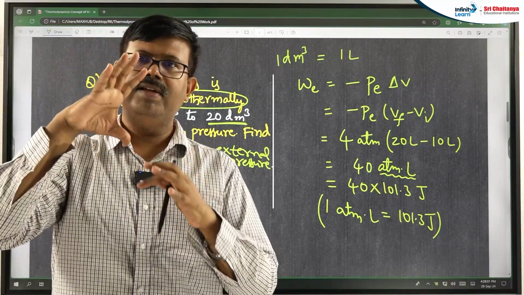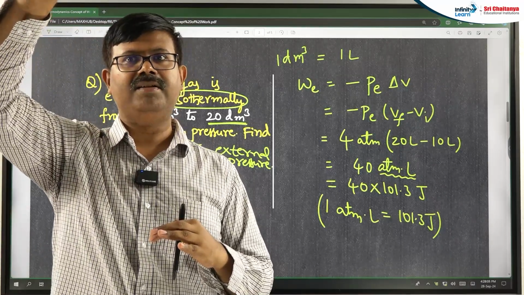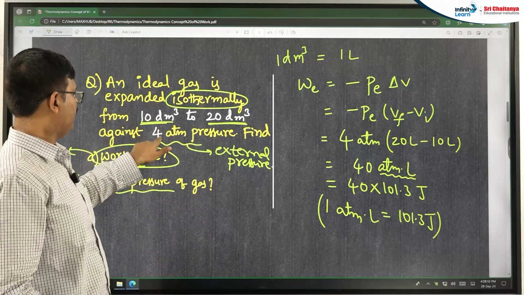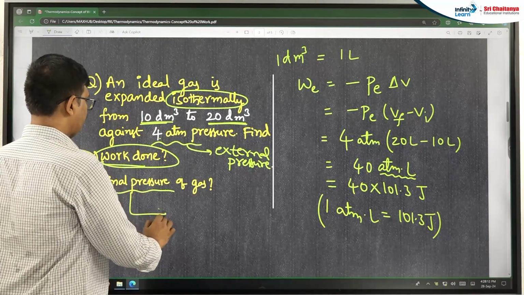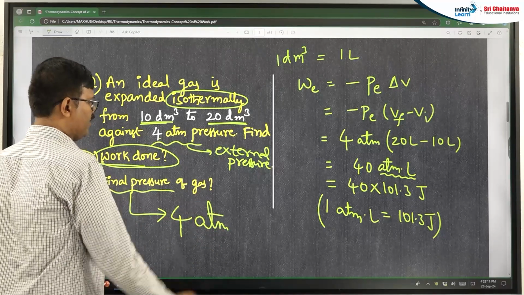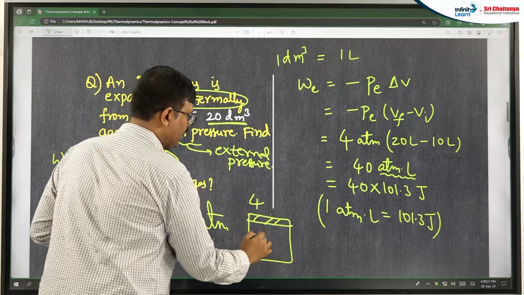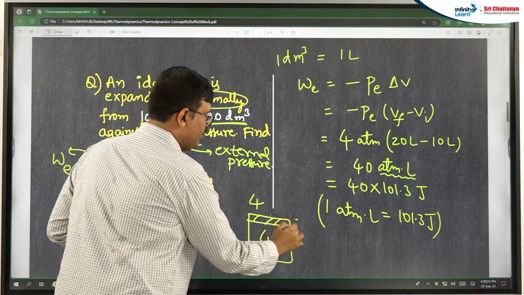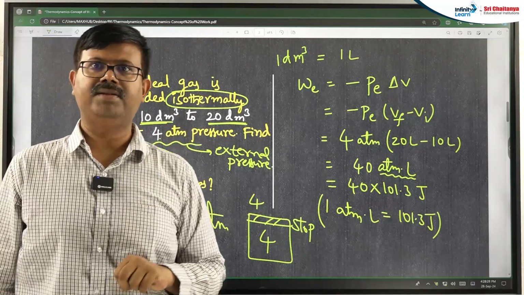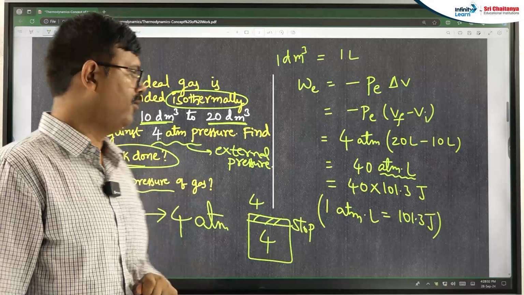So the final pressure of the gas will be equal to the external pressure, then only the piston will stop. And we know external pressure is 4 atm. Therefore final pressure is also 4 atm, because when external pressure is 4, internal pressure is also 4, then only the piston will stop. That is the final stage. So final pressure of the gas also will be 4.